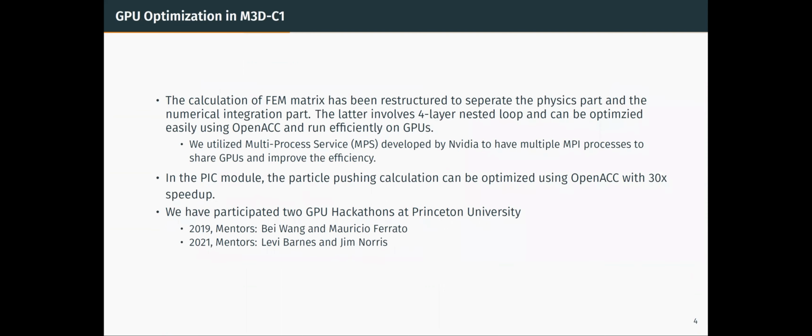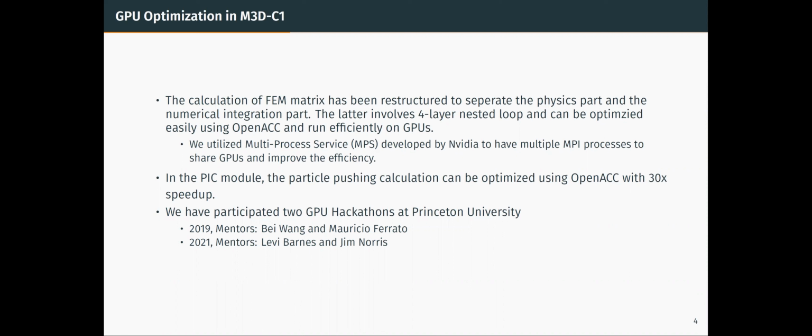We have done two GPU optimizations for the M3DC1 code up to now. One part is the calculation of the finite element matrix. To do that, we needed to restructure the code in order to separate the physics part and the numerical integration part. The numerical integration part now involves a 4-layer nested loop and can run very efficiently on GPUs with the help of OpenACC.